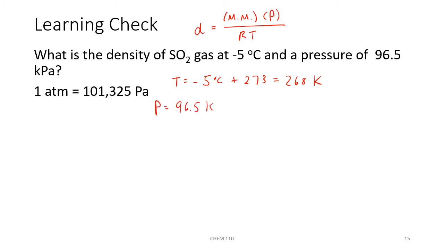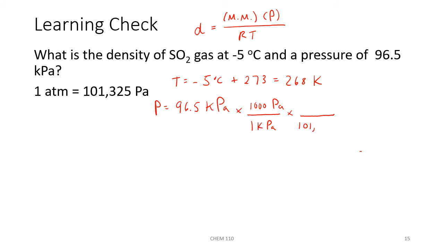Our pressure is equal to 96.5 kilopascals. The pascal is the SI unit for pressure. 1 kilopascal will equal 1,000 pascals. And then we want to convert to atmospheres in order to have our units of pressure cancel with our gas law constant. And so 1 atm equals 101,325 pascals.